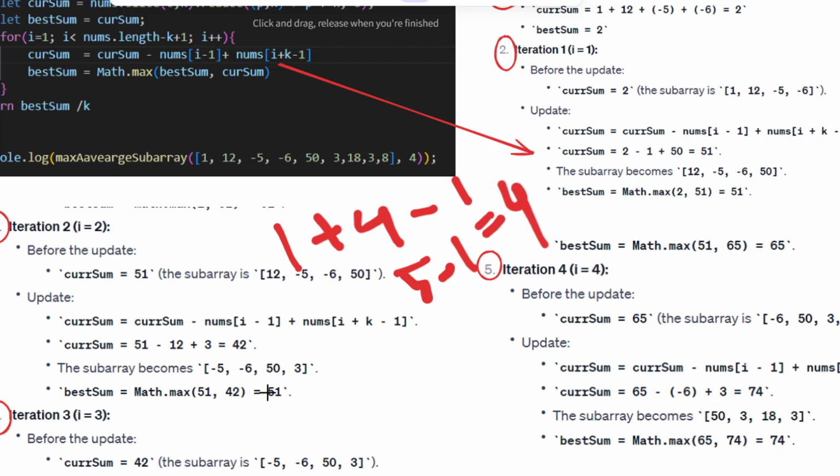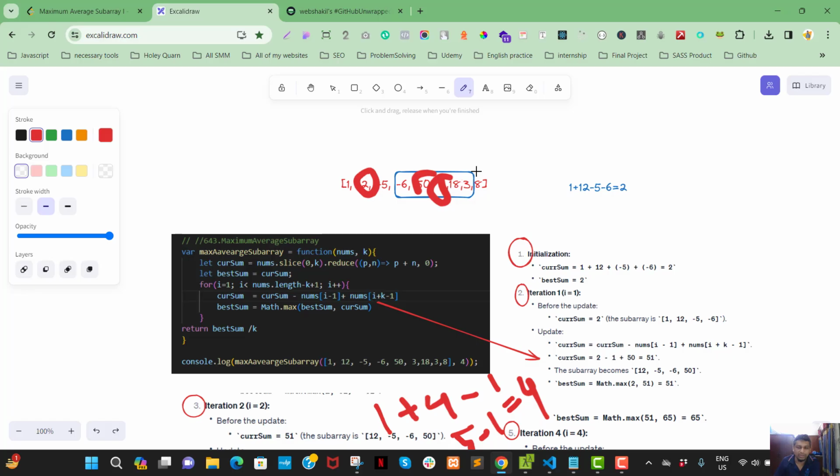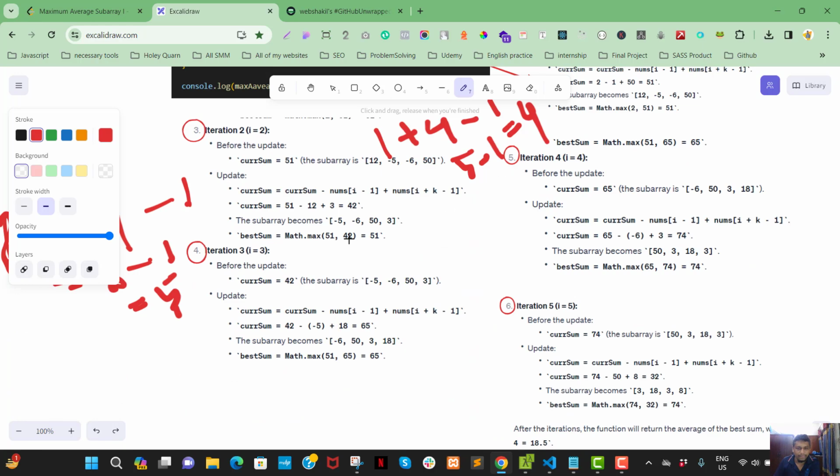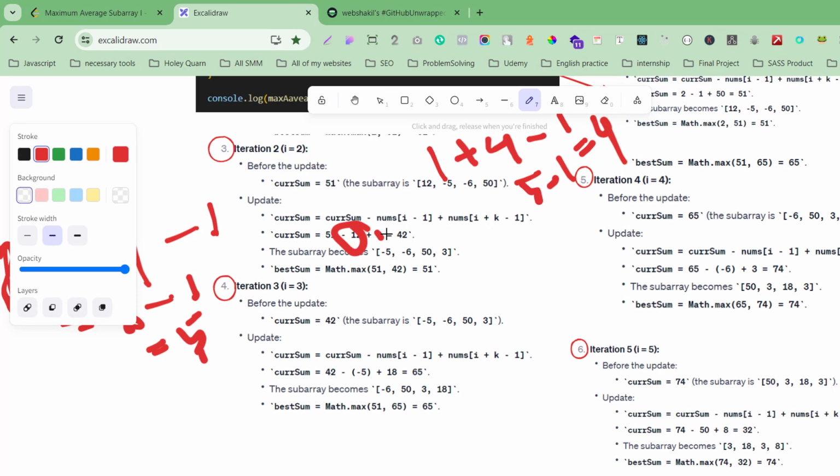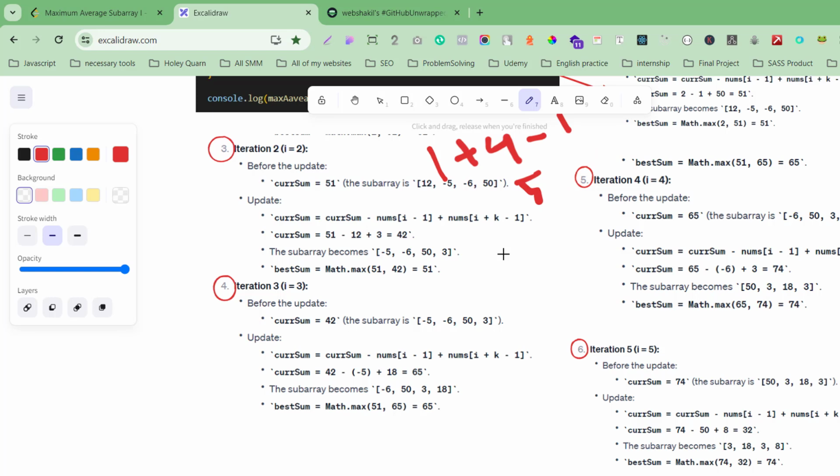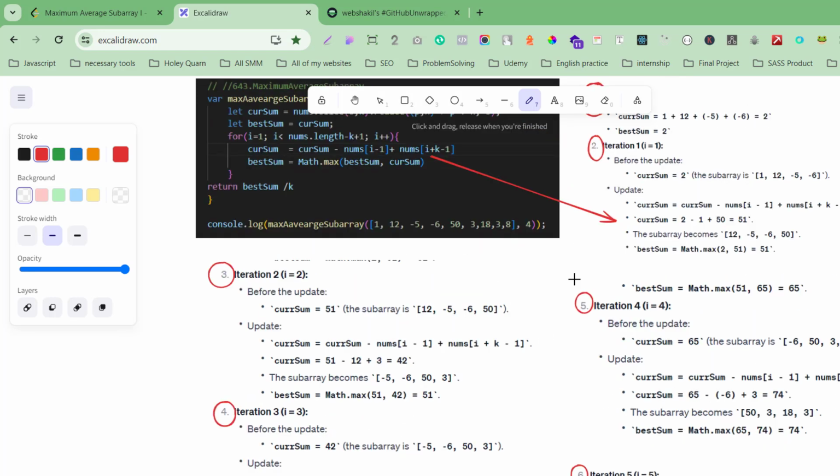So what is in the fourth position? Oh, sorry, I have done the plus. 12 will be minus, 3 will be plus. The sixth iteration it is happening. So in this way it will update, and in the third iteration similarly these things are happening.